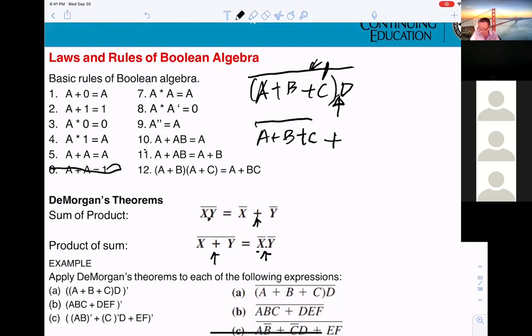The D here must be converted to not D. And now you can see A comes out to be not A, or not B, or here turns out to be not C, then or not D. That is the answer.